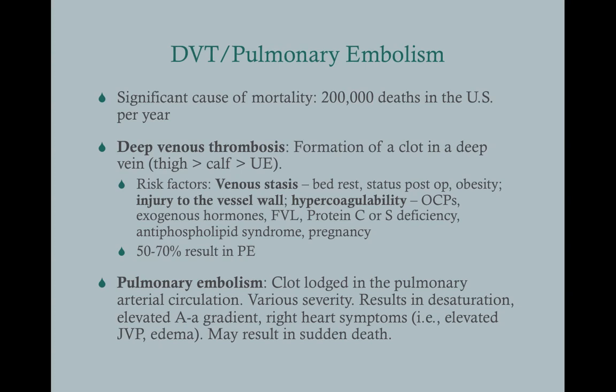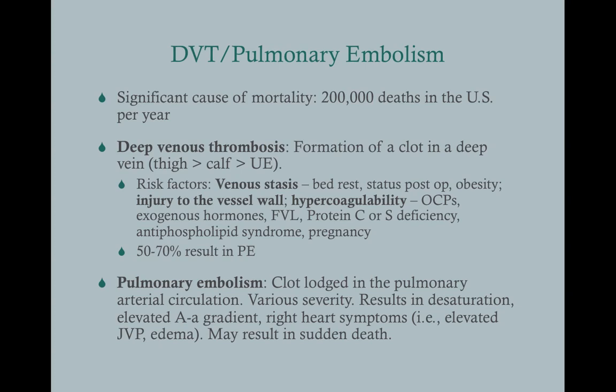Now, something we're not going to talk about in this particular talk is what's known as a paradoxical embolism. In a paradoxical embolism, what happens is you have a thrombus from the deep veins, which goes up into the heart, but it transfers from the right circulation to the left circulation through a patent foramen ovale.